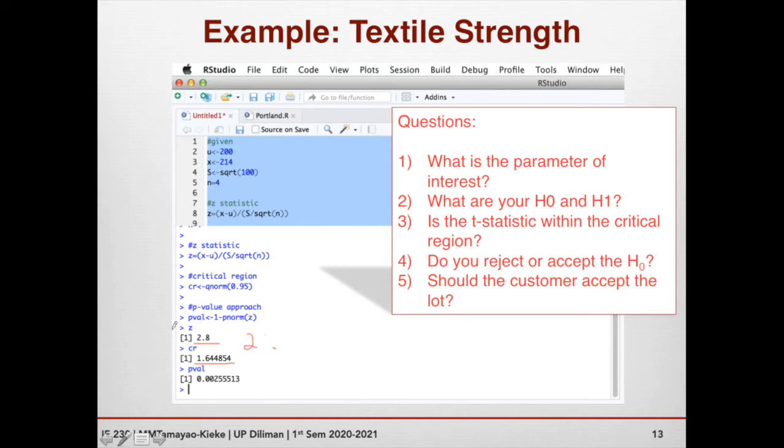Accept or reject? Your z statistic, your test statistic, is within the critical region, right? Because it's greater than 1.644854. Therefore, you reject the null hypothesis.